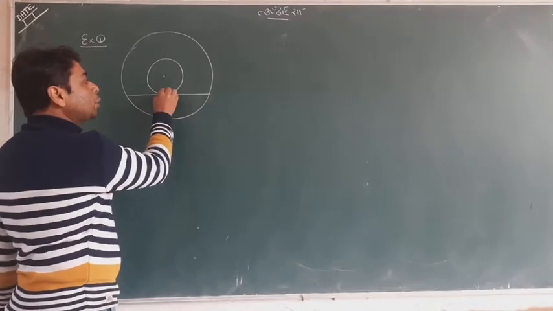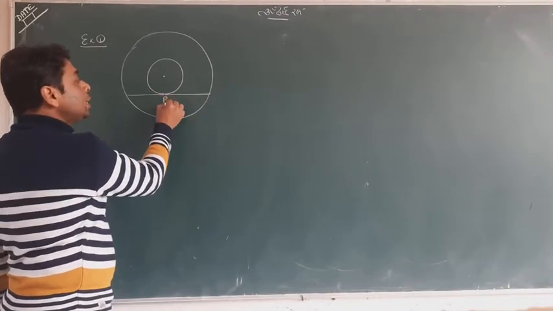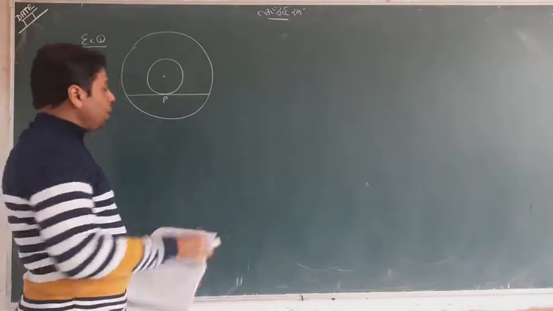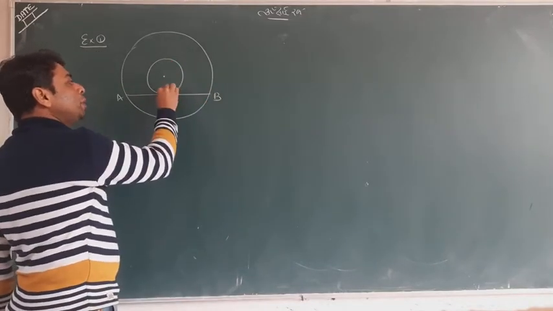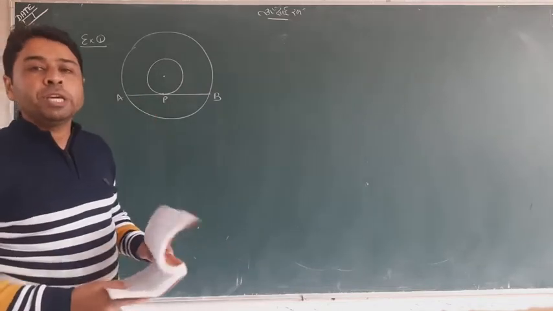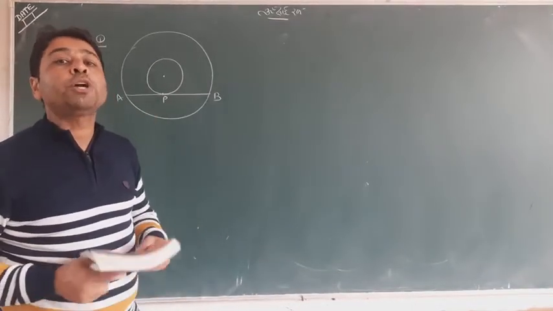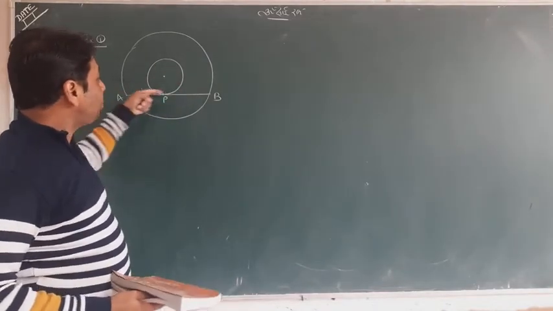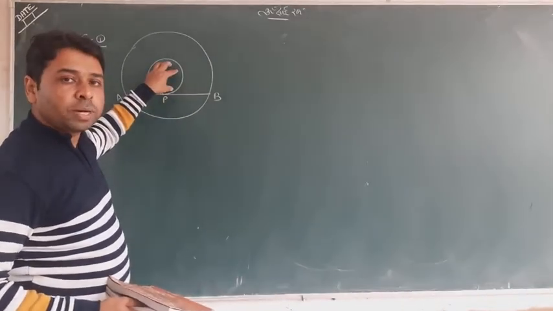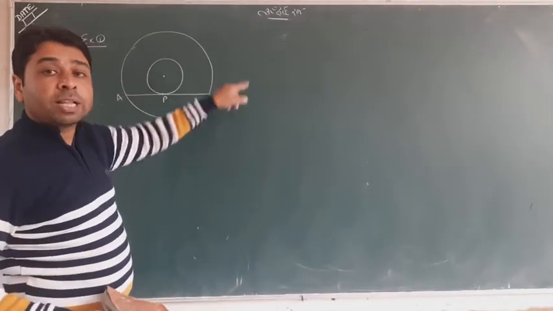Suppose AB is a chord touching the smaller one at P. P is a point of contact. AB touches the circle, so AB is a tangent for the smaller one and a chord for the larger one.